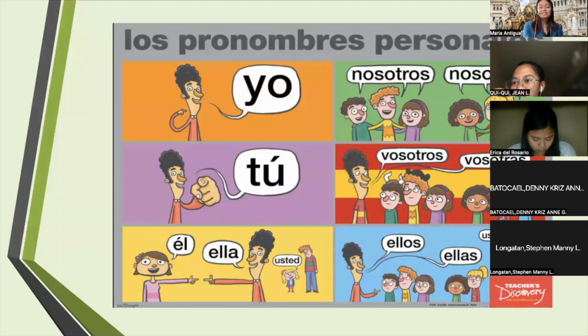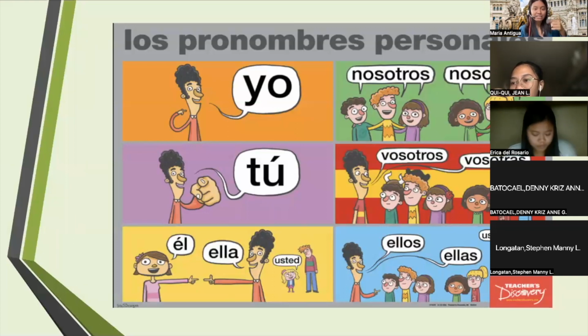Vosotros, vosotras is only in Spain. That's why you can see the flag of Spain at the back. And there you go. You can see mixture of both men and women, or boys and girls rather. And dun siya sa vosotros. Vosotras, all girls, right? And lastly, ellos, ellas.